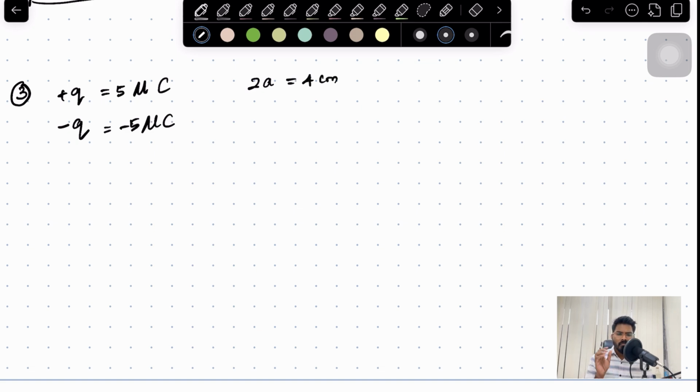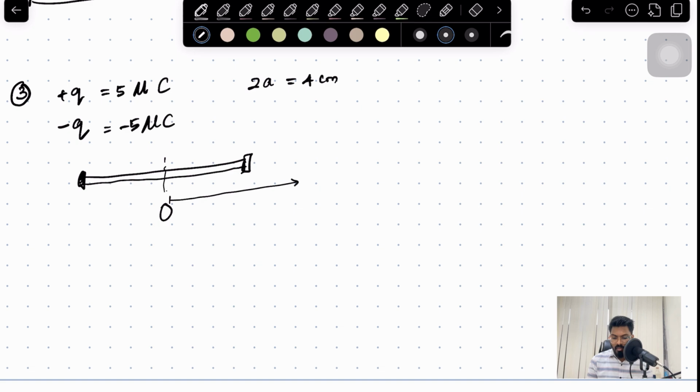Now we are taking an axial location. So when we speak about axial, we have a dipole like this. So this is the midpoint, center, origin. From here I'm taking some point at 4 centimeter.